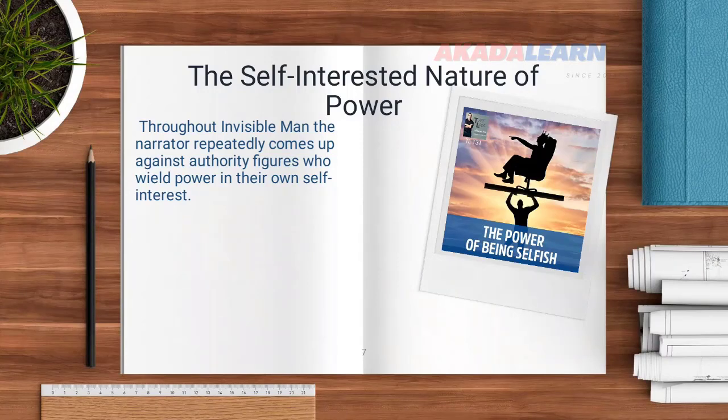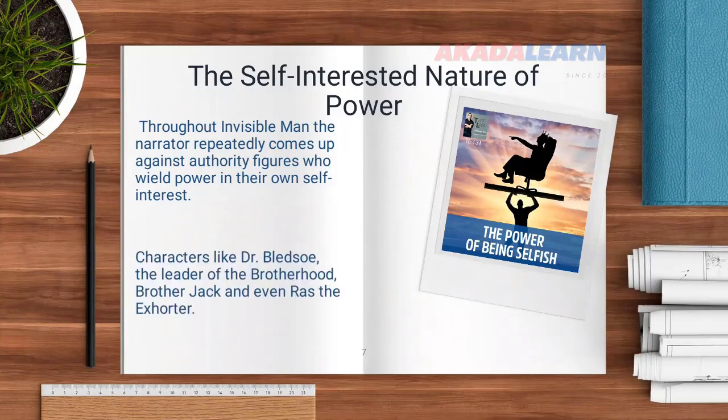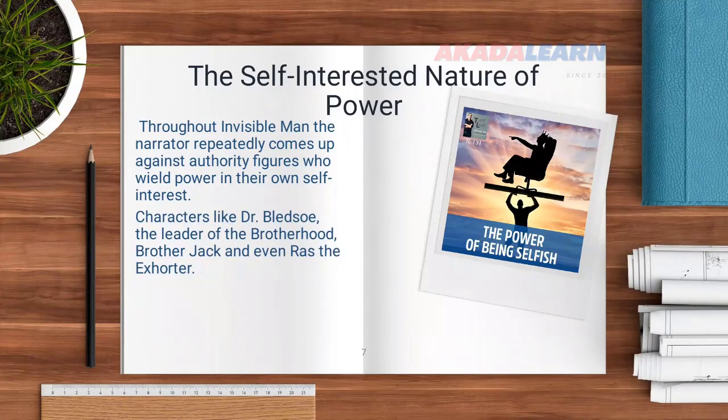We see people that wield power to ensure that all his plans are suppressed. We see characters like Dr. Bledsoe, we see characters like the leader of the Brotherhood, Brother Jack, and even Ras the Exhorter. These are characters that ensured that the narrator's dreams of making the black people important will never be actualized.